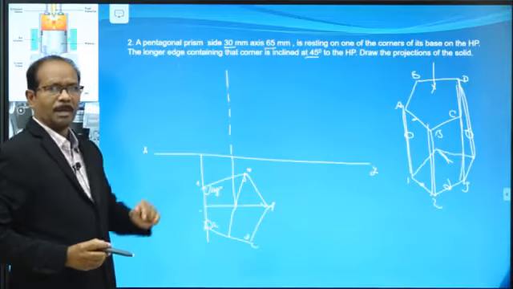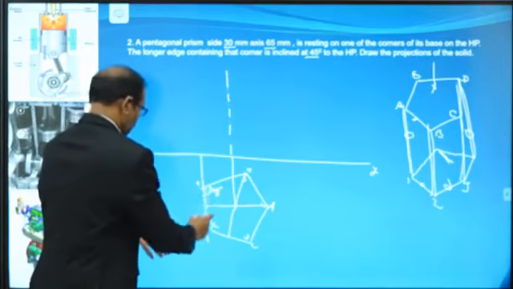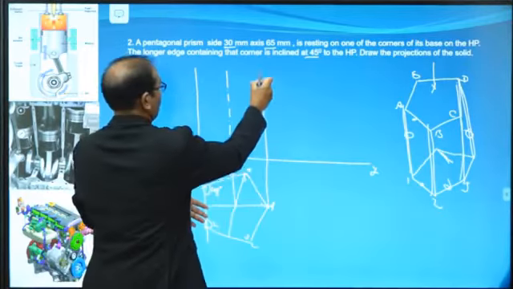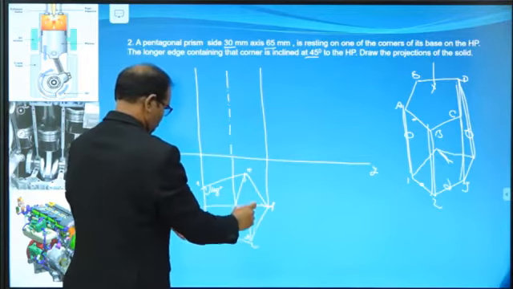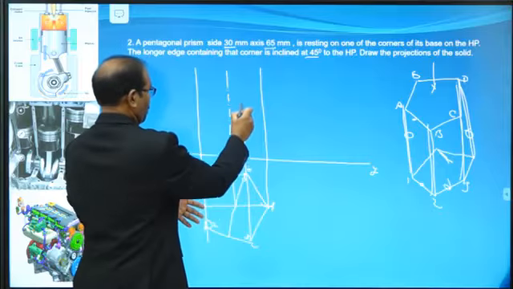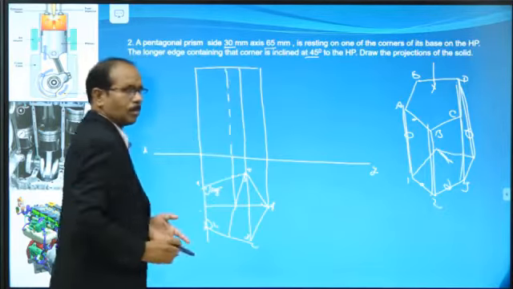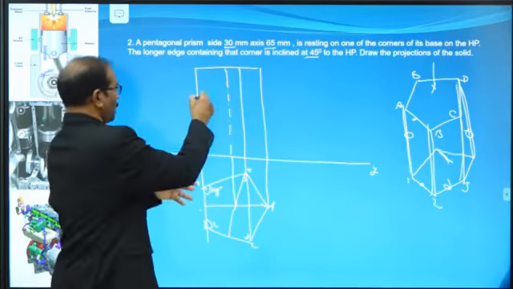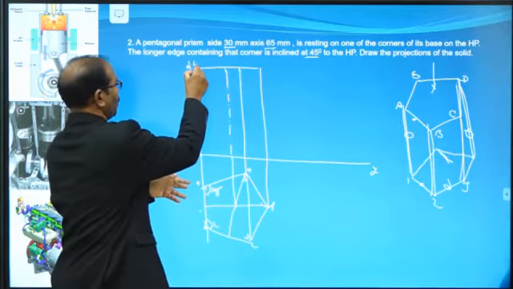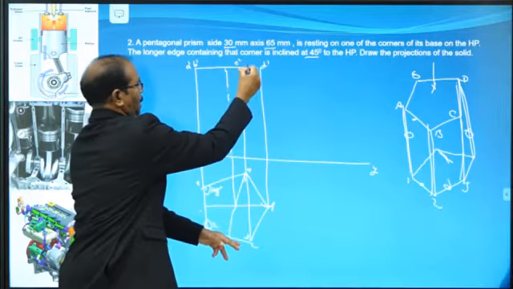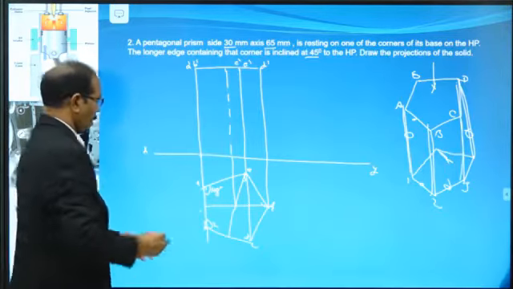Required height 65 mm. Now, extend, project. Name it A dash, B dash, C dash, D dash, E dash.